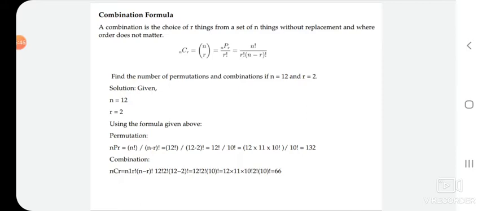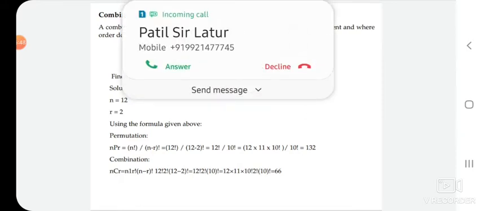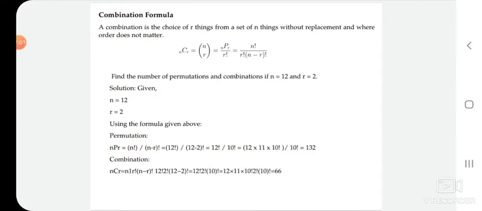Permutation is arranging people, digits, numbers, alphabets, letters and colors. nCr is equal to n factorial divided by n minus r factorial into r factorial.